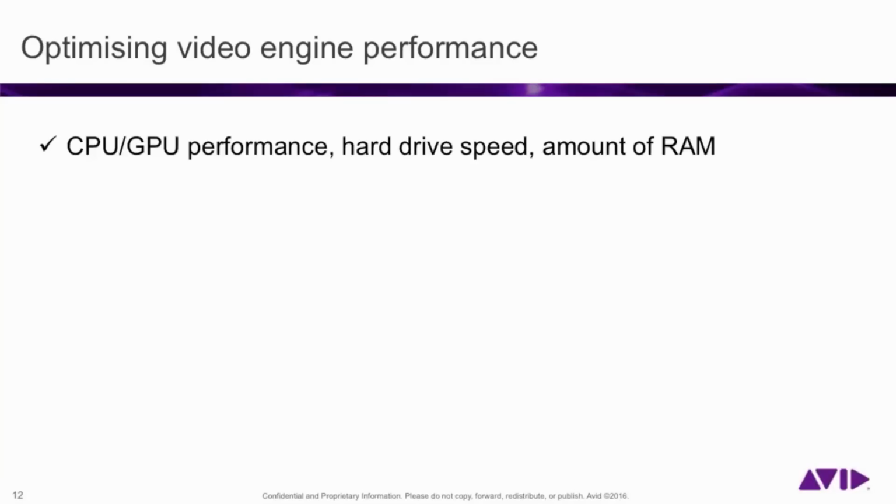Probably a good idea even to have a dedicated video hard drive for all the video files. Yeah, that is recommended. The amount of RAM is important in so far as the video engine uses up quite a lot of it, and we never want to run low on RAM, especially if we're using disk cache as well.